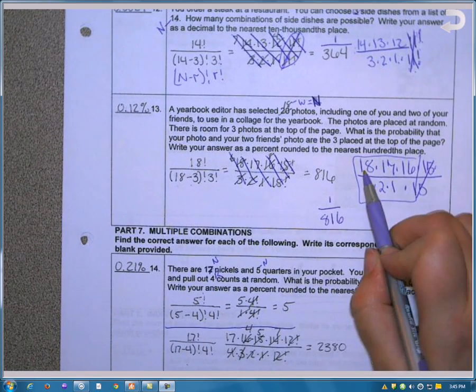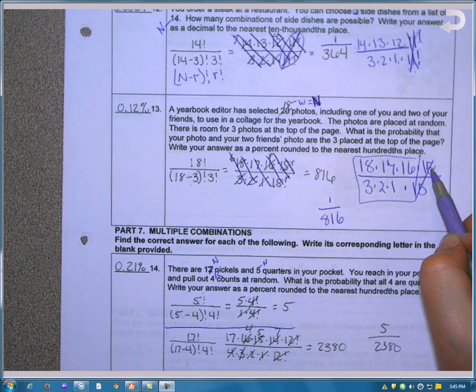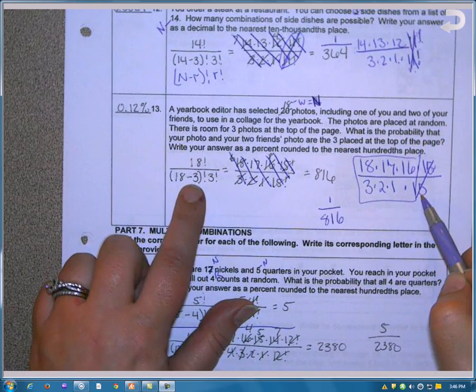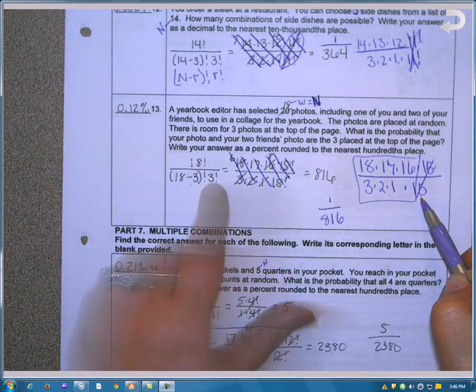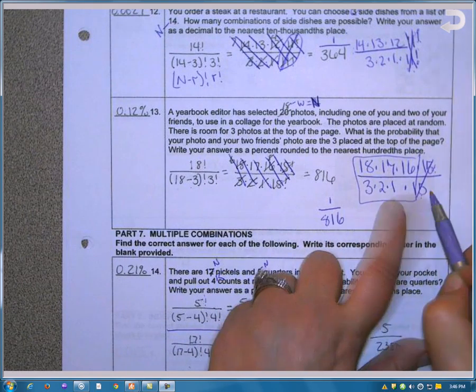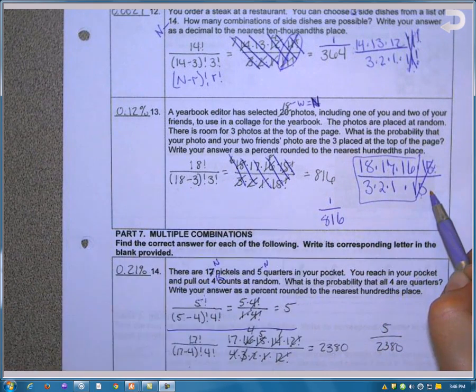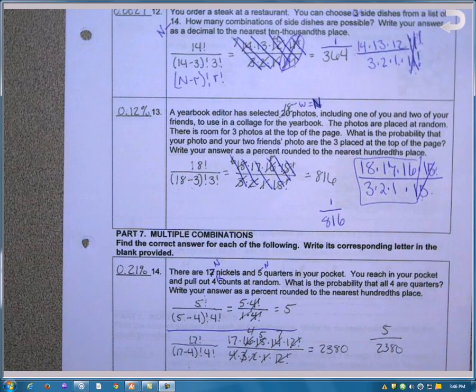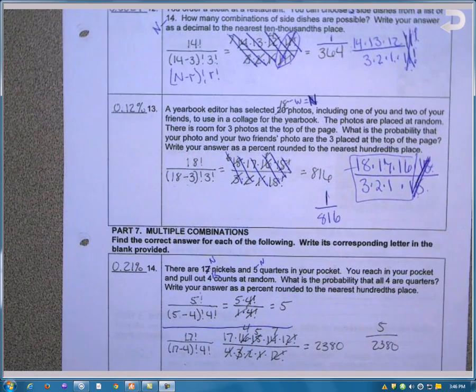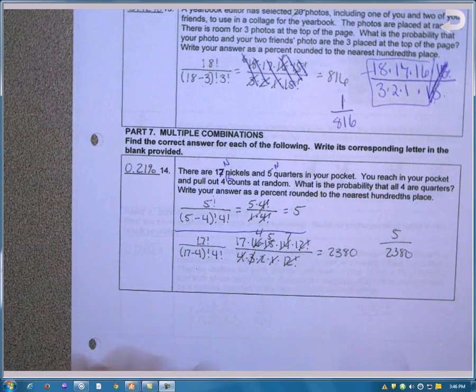So you'll go 18, 17, 16 times 15, and then 3 factorial, 3 times 2 times 1, and then 15. So the 15s will cancel out, and then you'll just multiply. So you'll get 816 on the bottom.